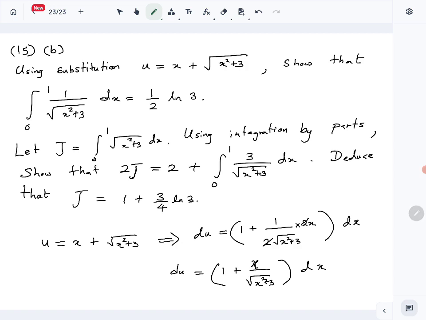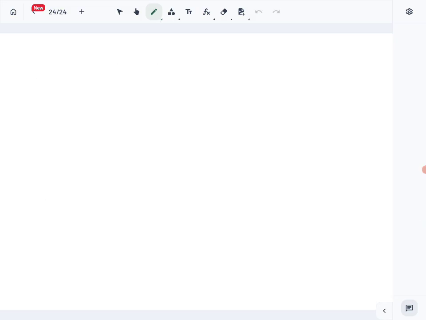So now let's simplify this a little bit by taking the common denominator. Then you will see the numerator will become the u term. That will make it easy for us to apply the substitution.